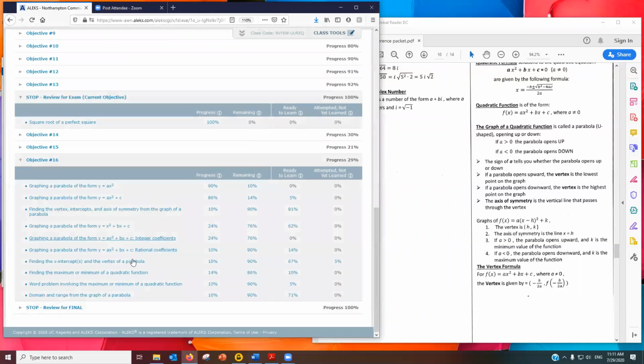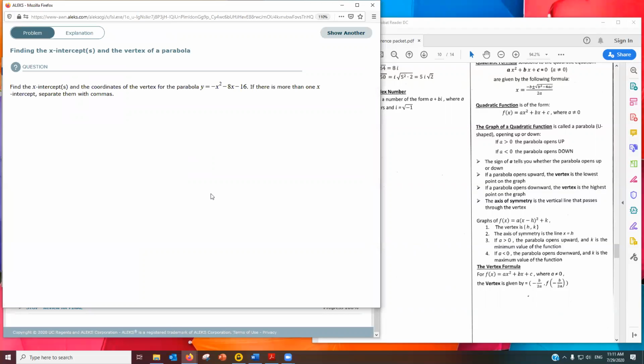All right. Let's take a look here. This one wants us to find the x-intercepts and the vertex. All right, well, let's do the vertex first. To find the vertex, you remember, you use this formula that says x equals negative b over 2a.